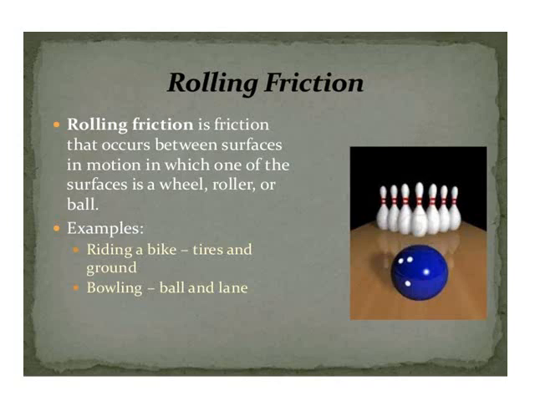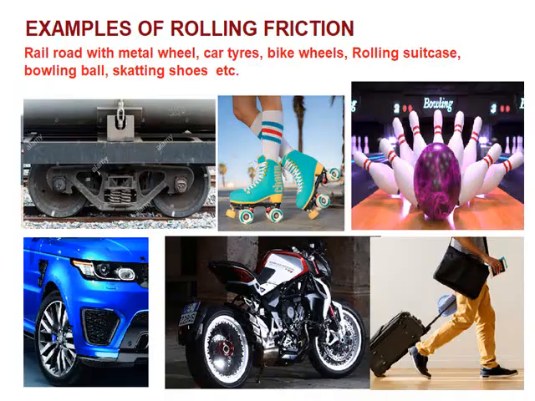Now let us see some practical examples of rolling friction in our next slides. Children, in this picture you can see many examples which we come across in our day-to-day life, which set an example for rolling friction. The first picture is a metal wheel which moves on a metal track, and the next is skating shoes fitted with wheels.